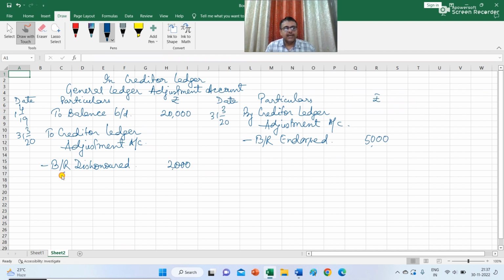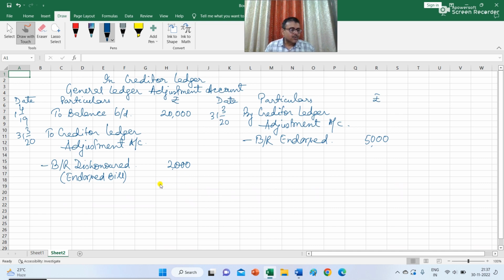This is basically, for your understanding, I am writing endorsed bill. So your journal entry here is general ledger adjustment account debit to creditor ledger adjustment account. This figure of rupees 2,000 is going to increase the amount of the creditor's balance.